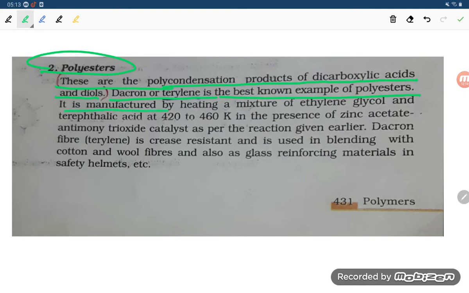It is manufactured by heating a mixture of ethylene glycol and terephthalic acid at 420 to 460 Kelvin in the presence of zinc acetate antimony trioxide catalyst. As per the reaction given earlier, Dacron fiber terylene is crease resistant and is used for blending with cotton and wool fibers, and also as a glass reinforcing material in safety helmets.